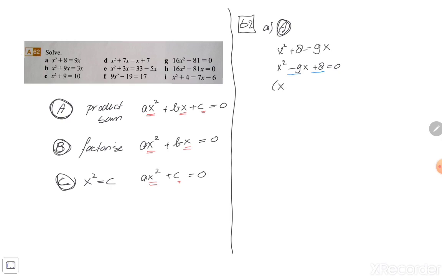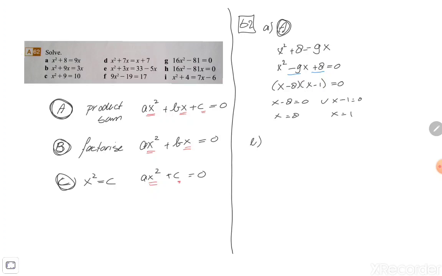So it needs to be x minus 8 and x minus 1, because together that's minus 9, is equal with 0. So x minus 8 needs to be 0, or x minus 1 needs to be 0. So x is 8 or x is 1. Alright, so that's exercise A.